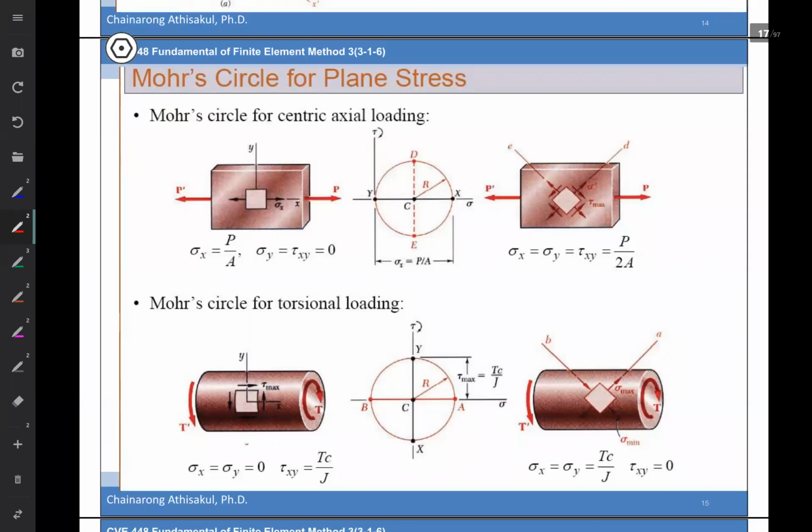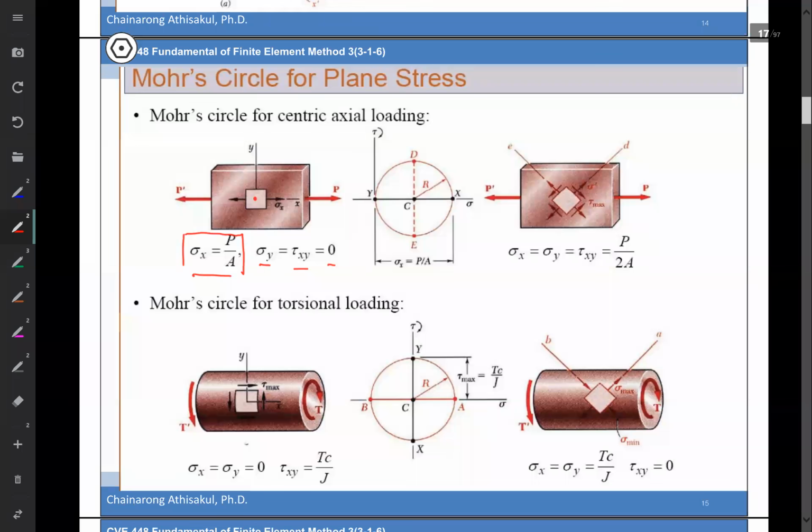If we consider the state of stress for the case where we apply a uniaxial load to a bar like this, we will find the state of stress at this point. It has only the normal stress, sigma x equal to P over A, and then sigma y and tau xy become 0.